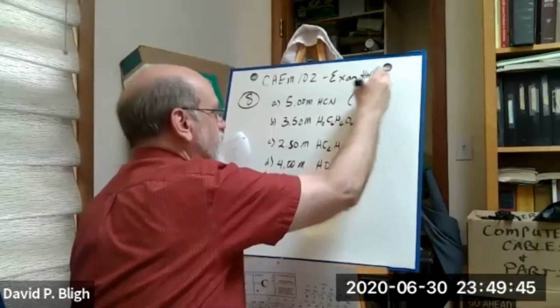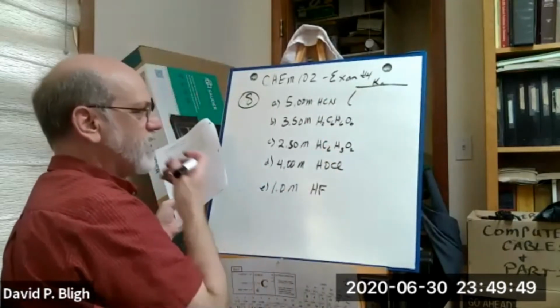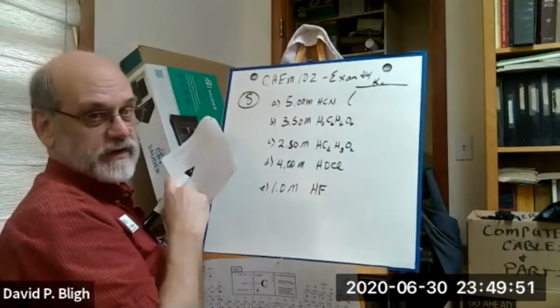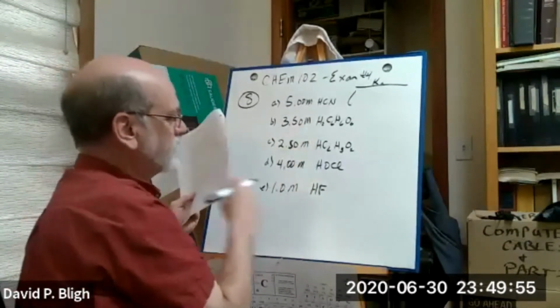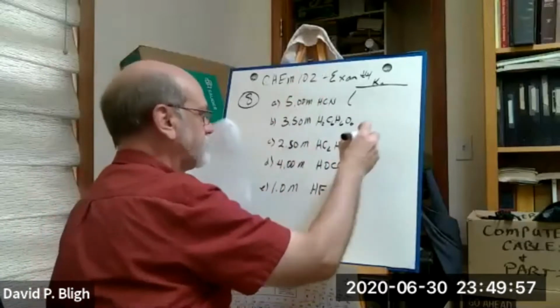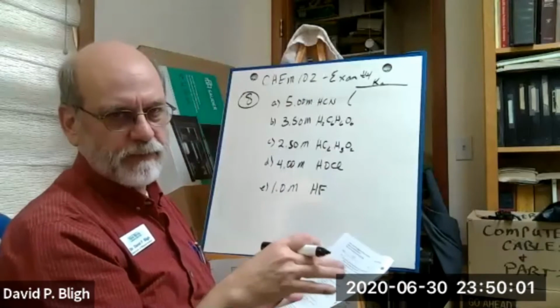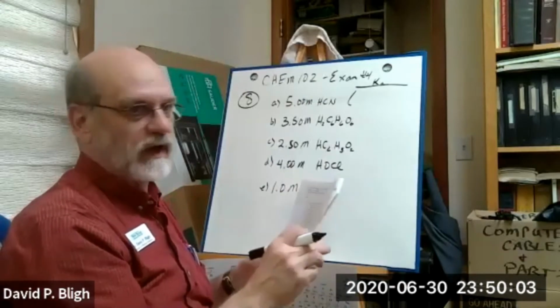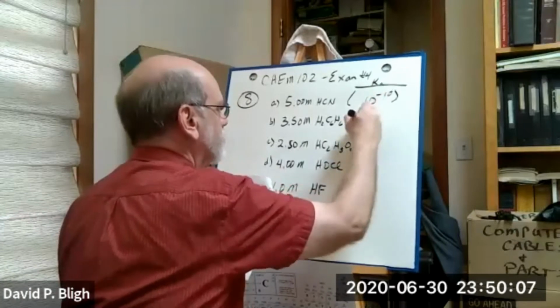So Ka, one of them has 2 Ks. Can you figure out which one? The one that's got 2 acidic protons. It'll have 2 Ks. The rest of them only have 1 K. So that K, I'm just going to put the powers of 10. For comparison purposes, that's all you need. So this is 10 to the minus 10.